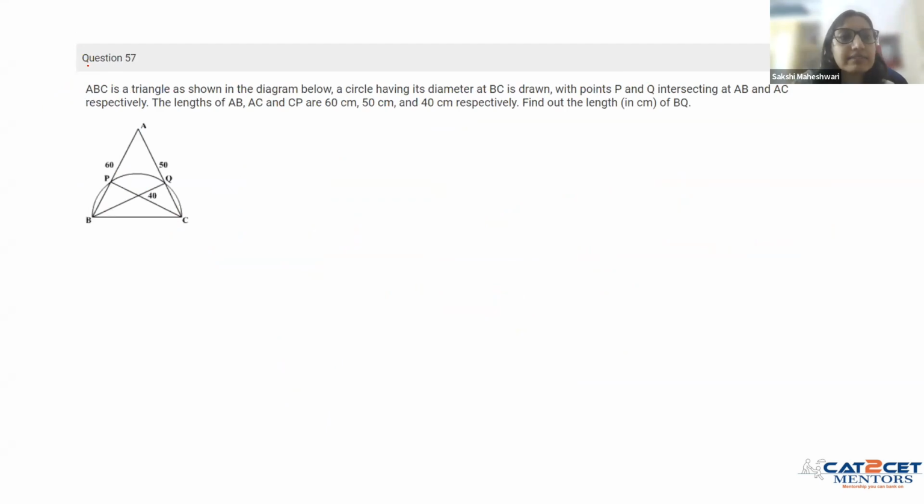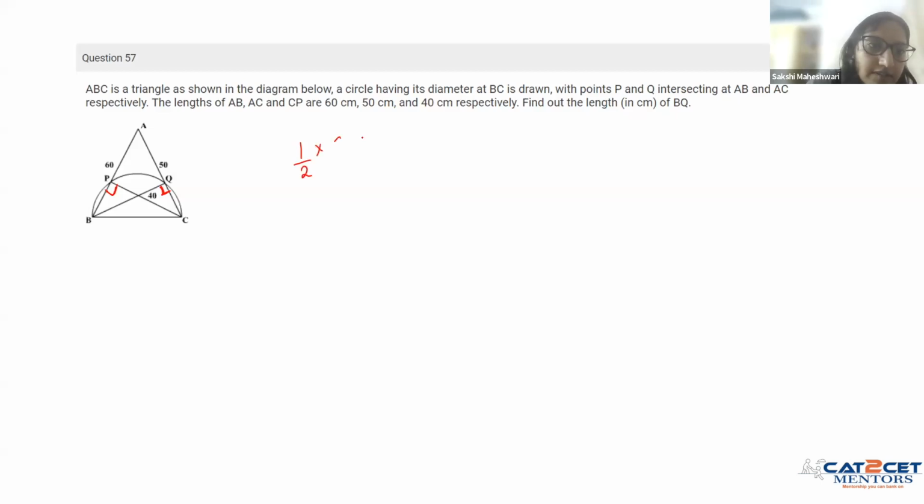Now ABC is a triangle as shown, a circle having its diameter BC. So this is the diameter, that means this is a right angle and this is also a right angle. Now, see, the area of ABC, how can you write it?